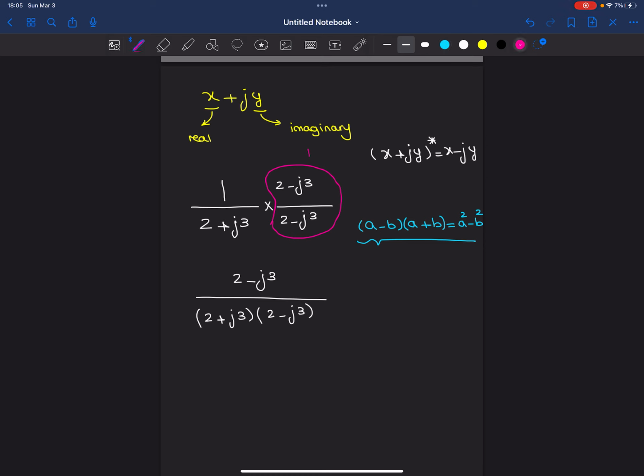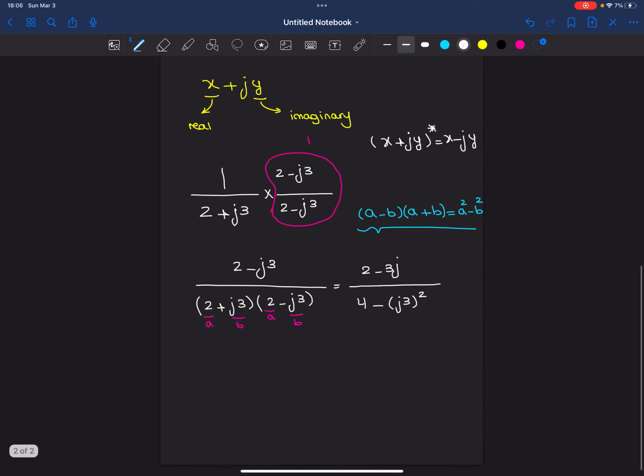Therefore, if this is my a and this is my b, my denominator will become a squared, 4, minus b squared, which is minus j3 to the power of 2. And in the numerator, I have 2 minus 3j.